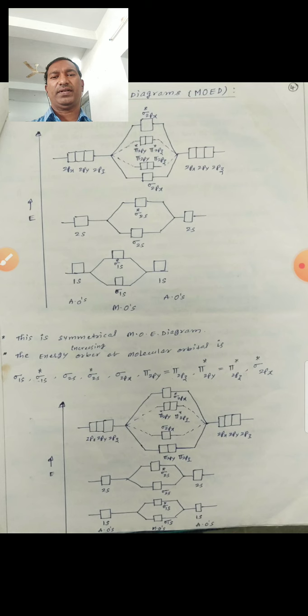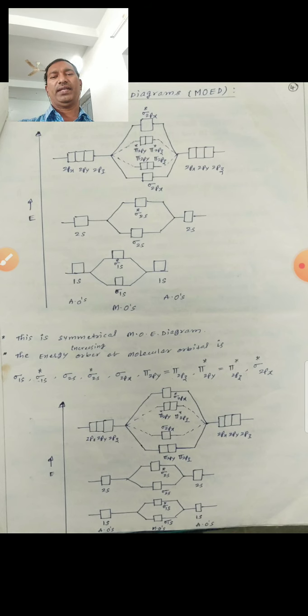Two 1s atomic orbitals combine to form two molecular orbitals. One molecular orbital has less energy than the atomic orbital, and one has higher energy. The low energy molecular orbital is sigma 1s, the bonding molecular orbital; the other is the antibonding molecular orbital.